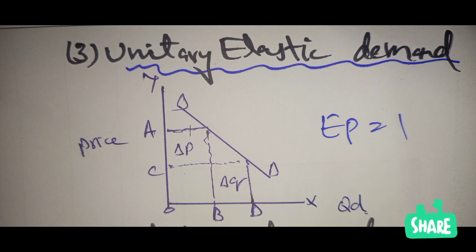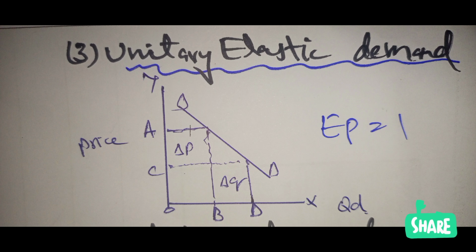In this figure, DD demand curve with unitary elasticity shows that as the price falls from OA to OC, the quantity demanded increases from OB to OD.